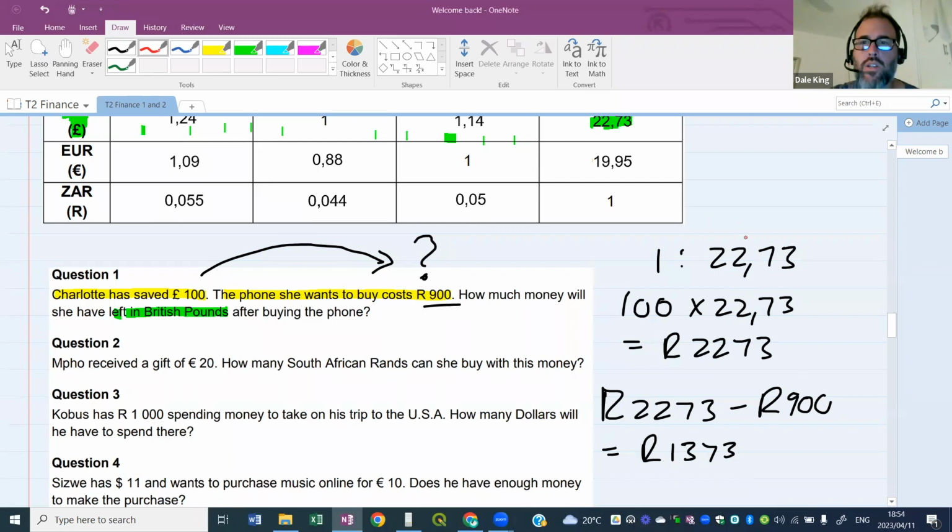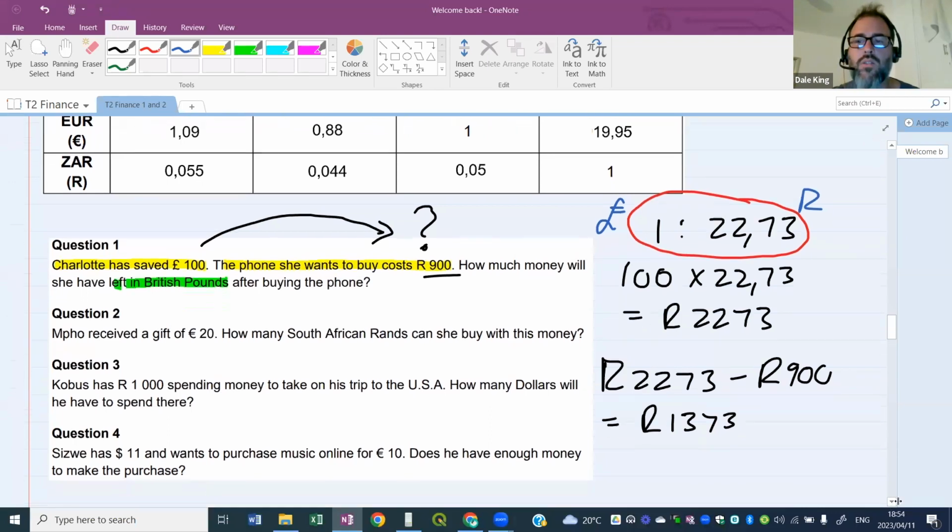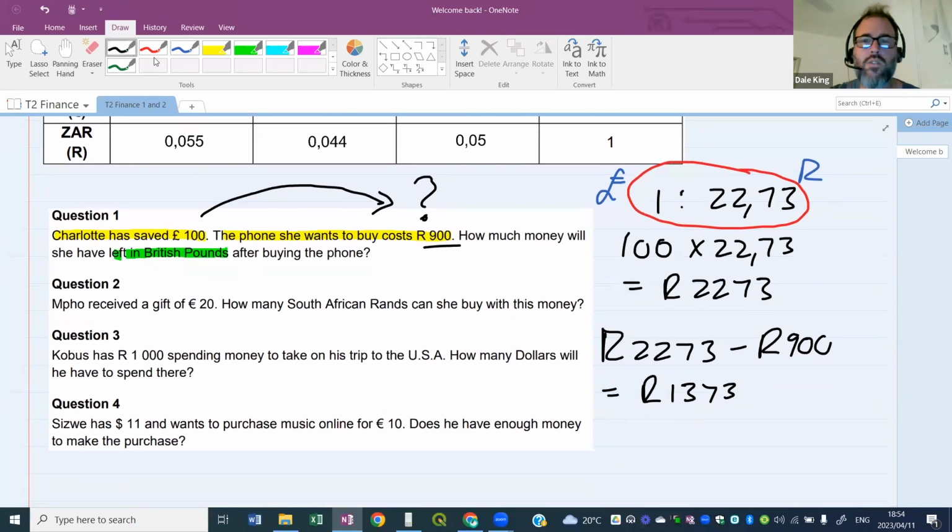Well, let's look at our ratio at the top here. There's our ratio at the top, and I'll put currencies here. That's rands. This is pounds. For every 22,73 rands that I have in my 1,373, that's £1. So how many 22,73s do I have in my 1,373? I've got to divide now.